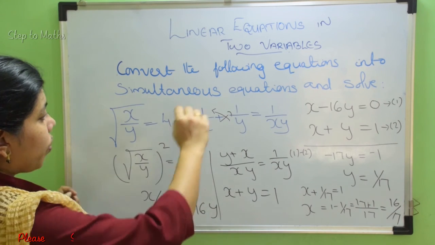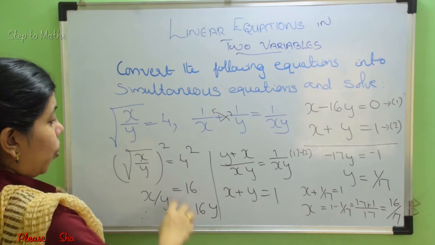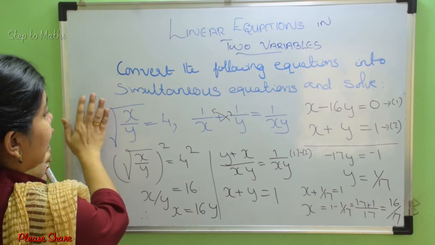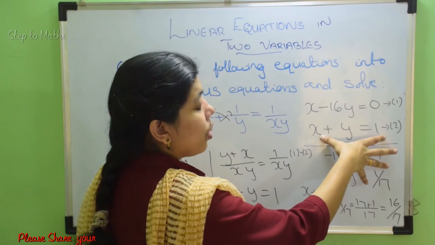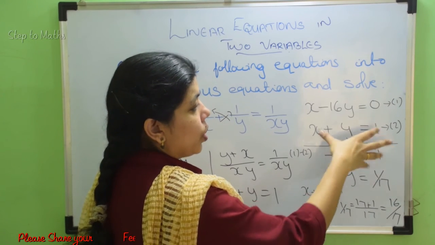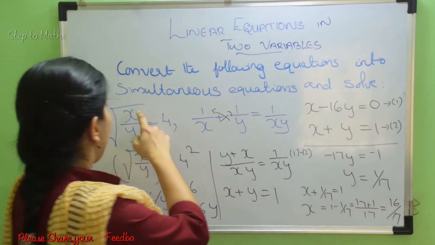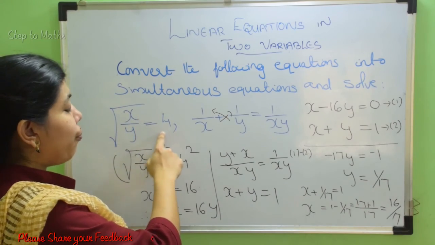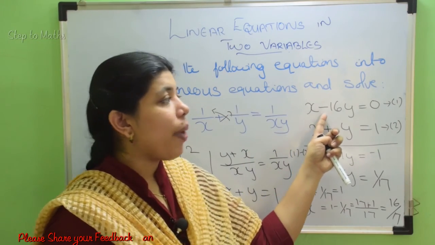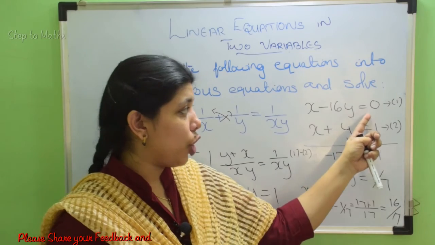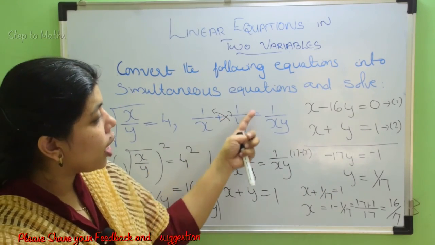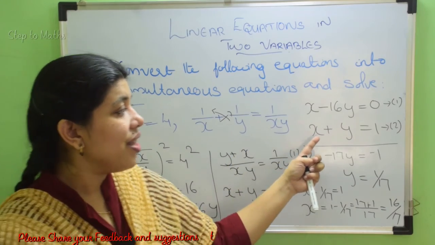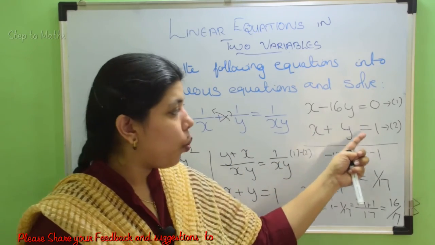So first we converted the given equations into simultaneous linear equations. The first equation, root of x upon y is equal to 4, we converted as x minus 16y is equal to 0. And the second given equation, 1 upon x plus 1 upon y equal to 1 upon xy, is converted as x plus y is equal to 1.